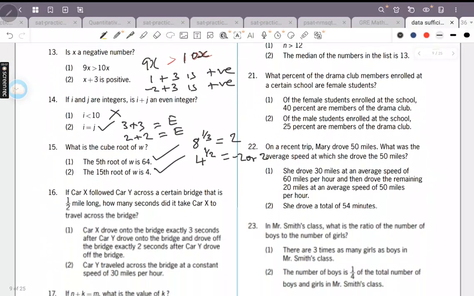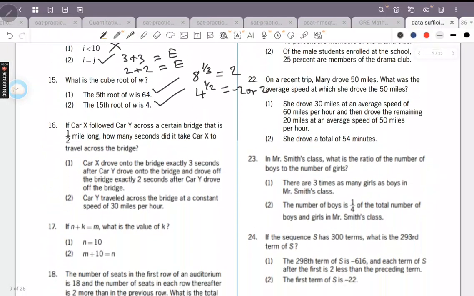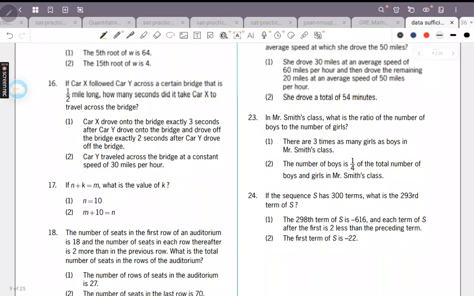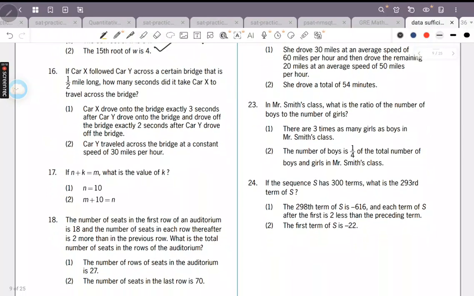Let's do number 16. Why are there many questions here? Okay, number 16. If car S follows car Y across a certain bridge that is half a mile long, how many seconds did it take car S to travel across the bridge?